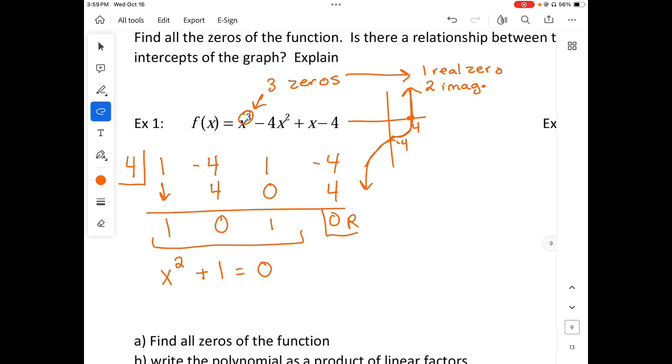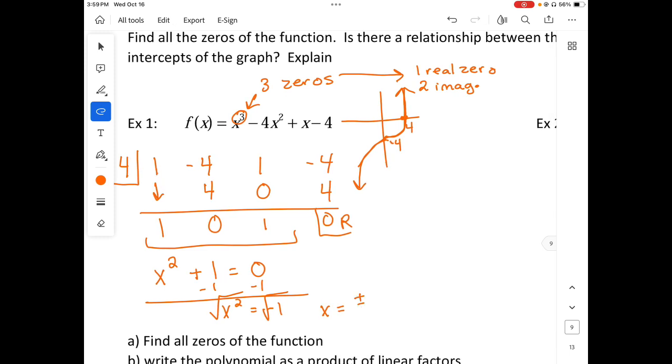So then we solve: subtract 1, and we get x squared equals negative 1. And we take the square root. So then we have x equals plus or minus i. So then our zeros are x equals 4, x equals i, and x equals negative i.